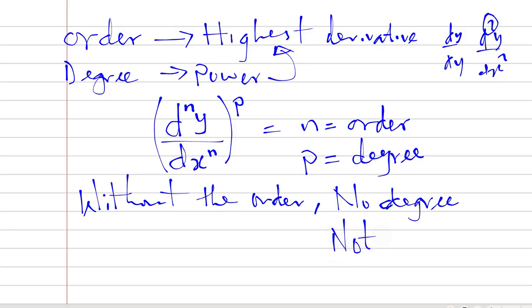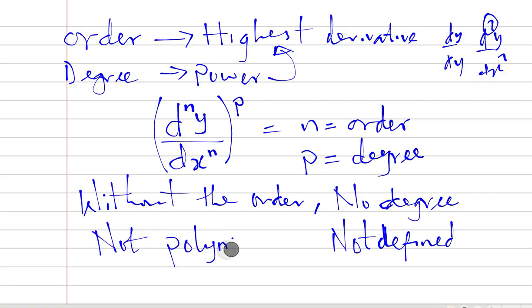So when it is not a polynomial, then the degree is not defined. Are you getting that now?